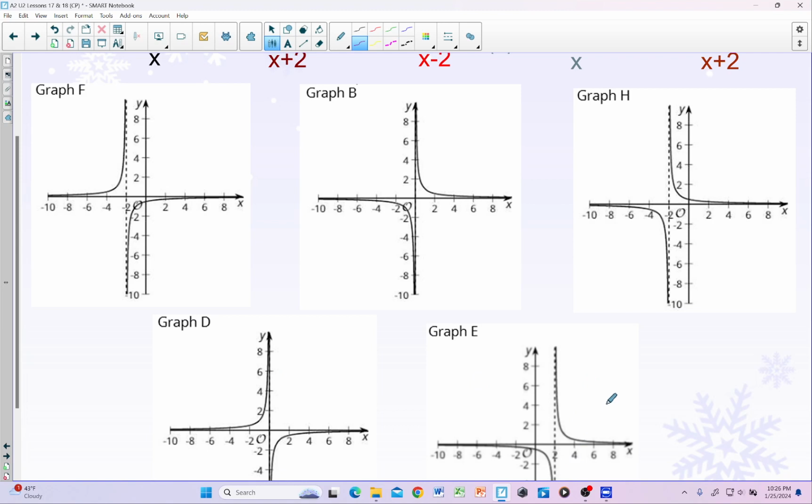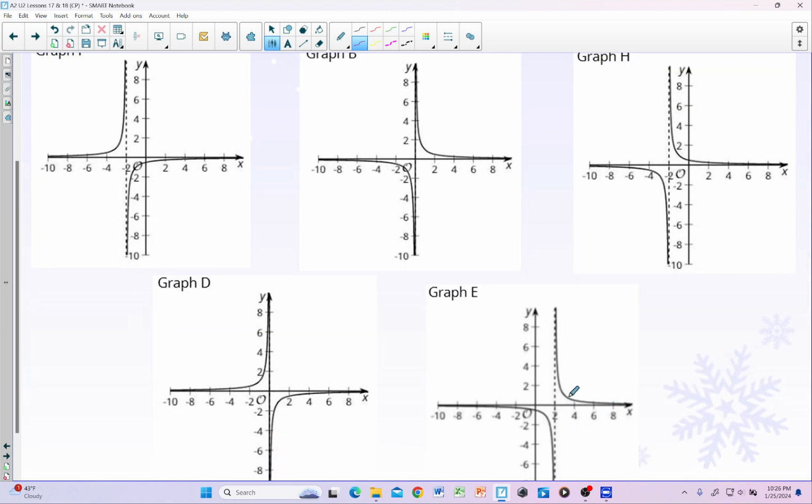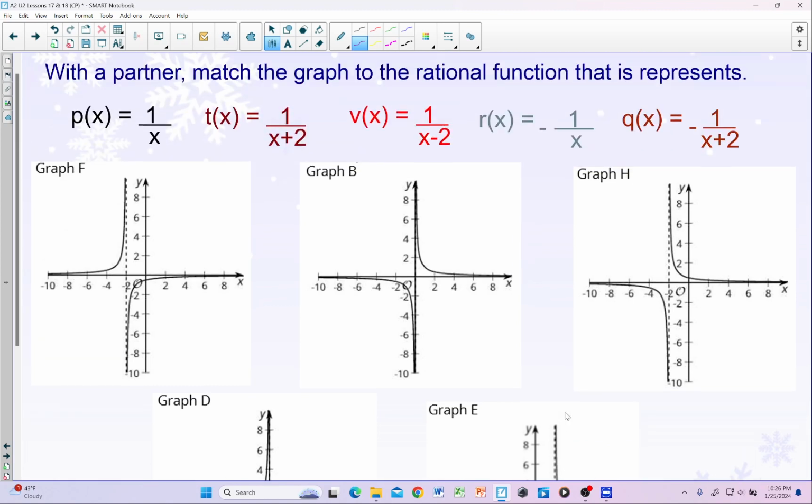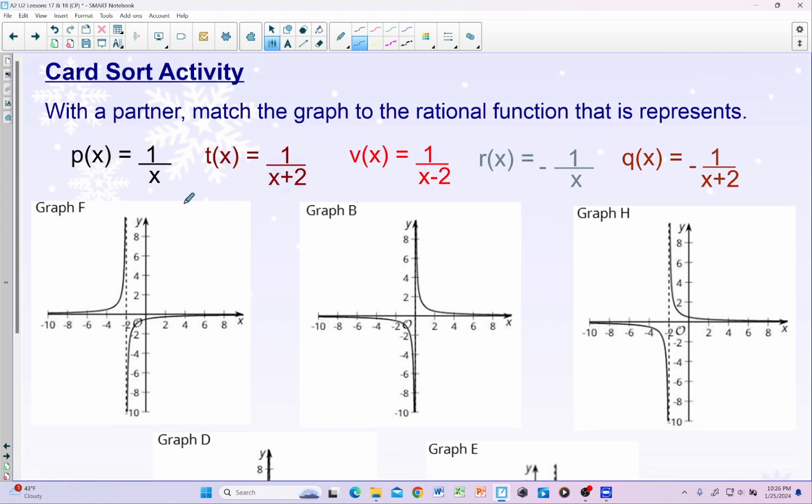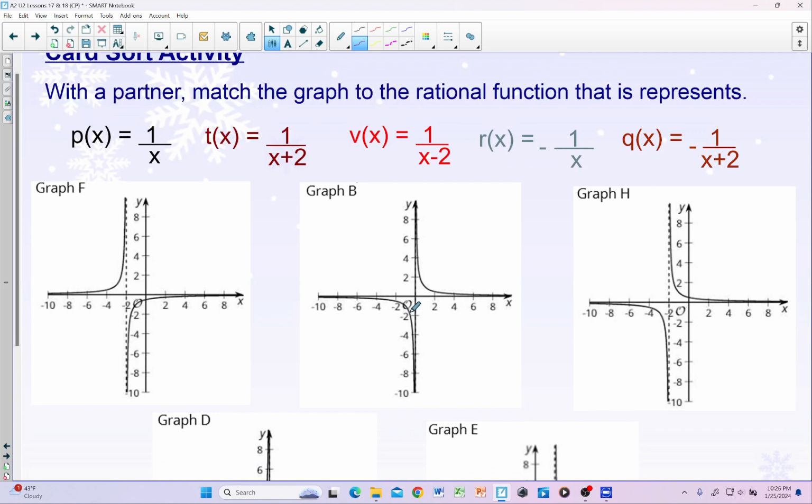Is there any function up here? Remember, those dotted lines seem to happen when we divide by 0. So which one of these functions can I use that, if I plugged +2 in for x, would cause a division by 0?